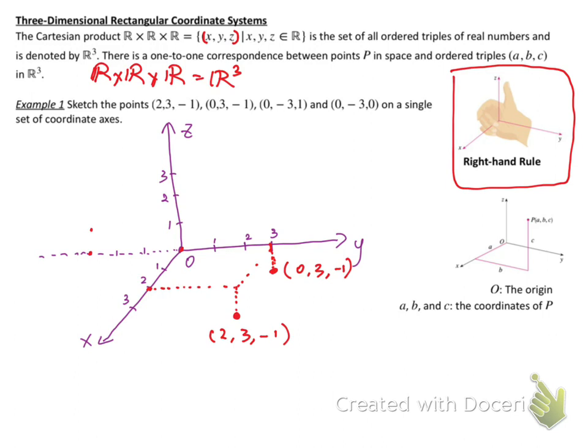So I go upward 1 unit. I'm here. This is my 0, -3, 1. And finally, I'm having 0, -3, 0, which will be here. 0, -3, 0.